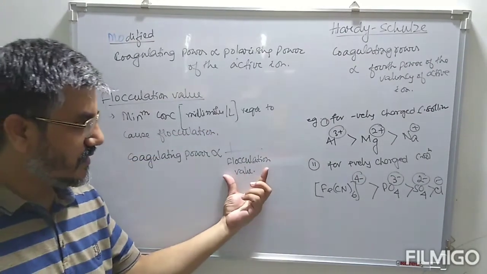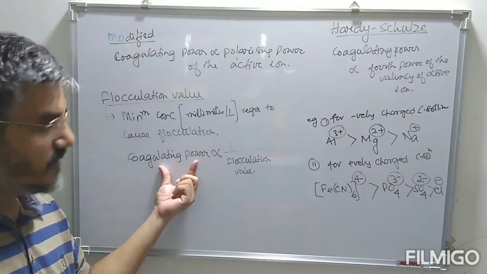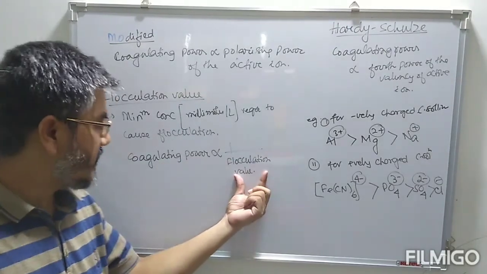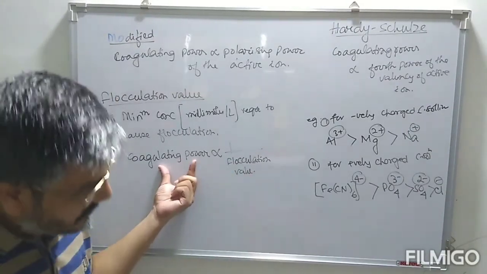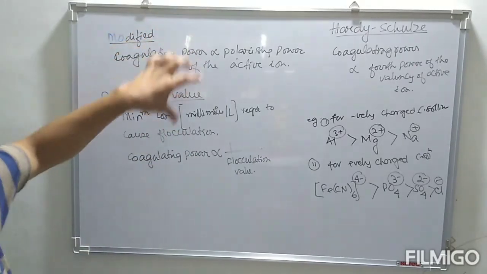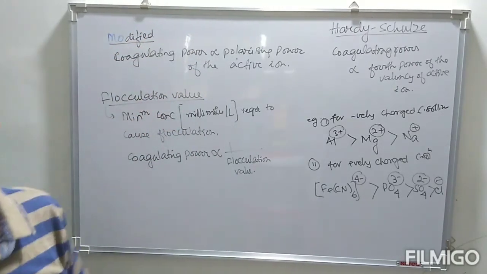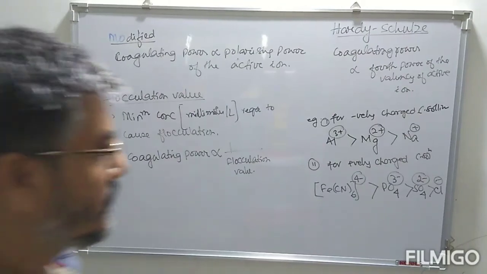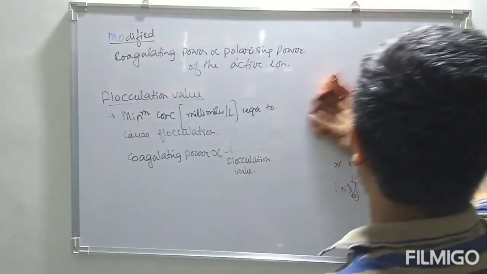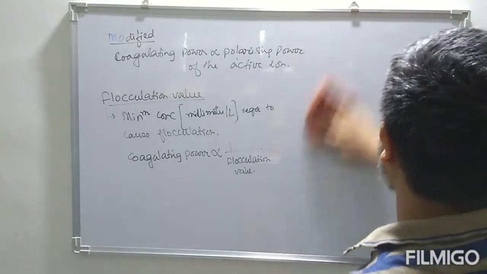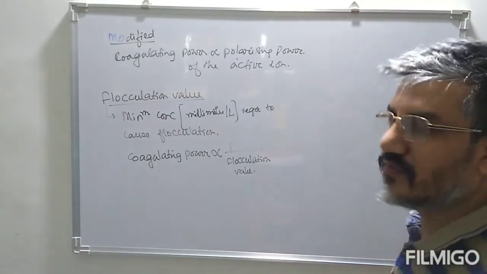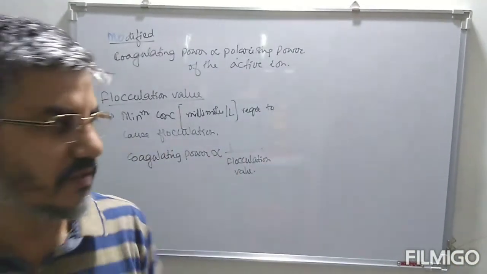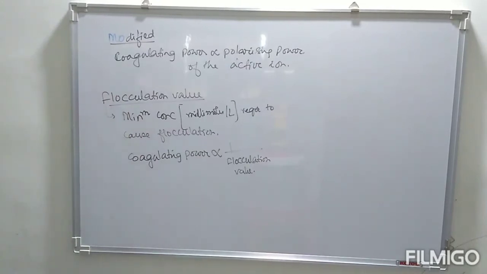If the minimum concentration is large, coagulating power is less. If the minimum concentration is less, coagulating power is more. So this is the coagulation or flocculation value, used to define the coagulating power of the electrolytes used for conversion of colloidal solution into precipitates.